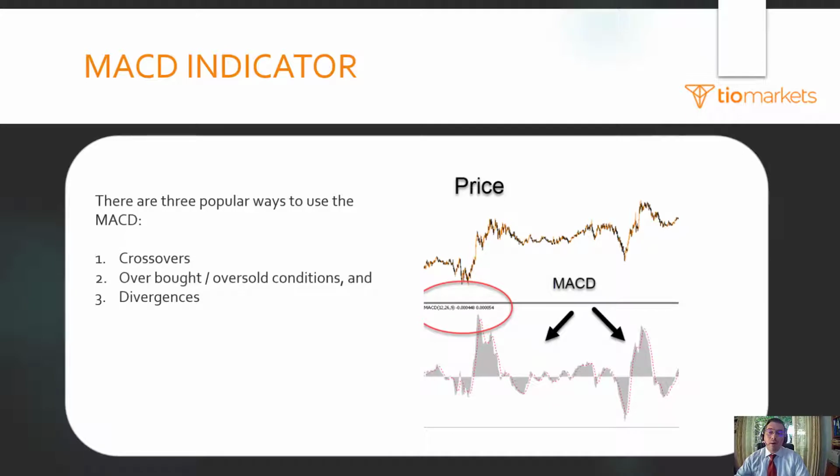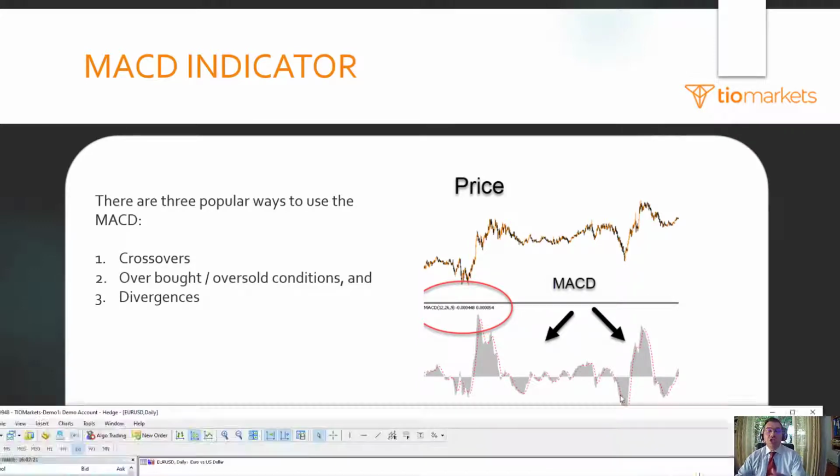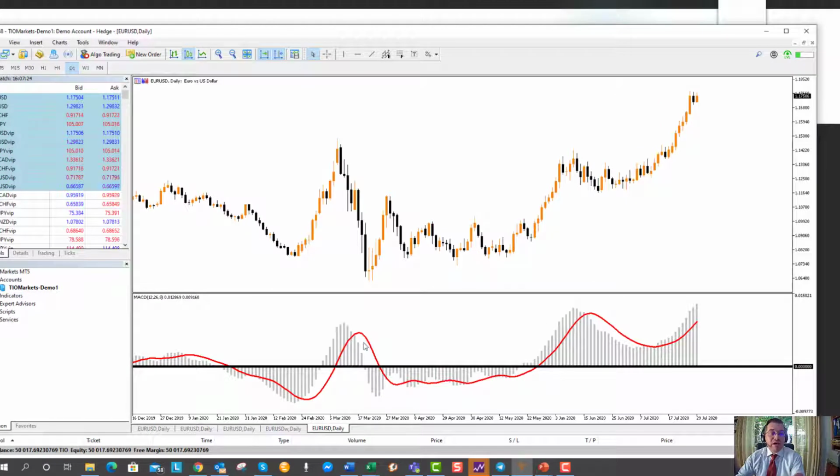There are three ways to use the MACD, and one is for crossovers. That is when the MACD will provide a signal on a crossover, and here you can see the MACD is in the gray bars. Let's highlight that a bit for you with our arrow.